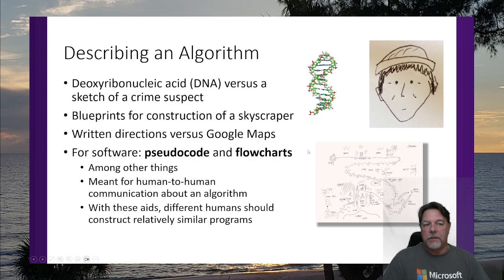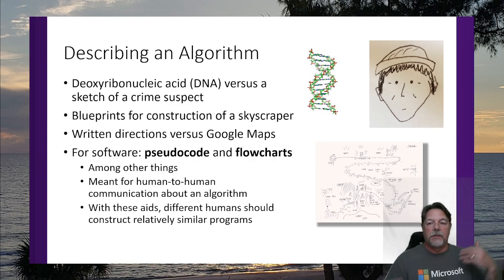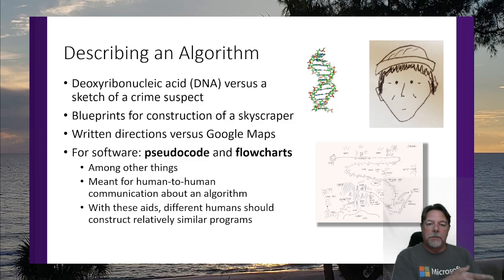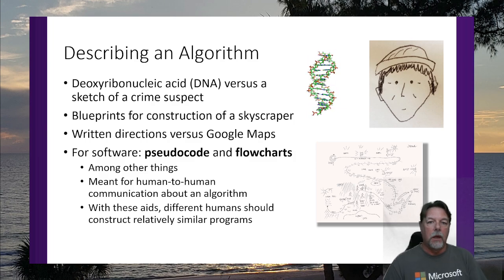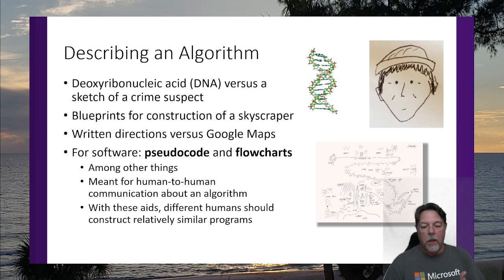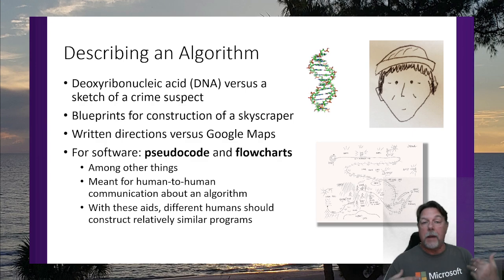The point of this slide is to simply describe the levels of detail from very, very specific to very general and vague in which to convey the design of an algorithm. When you look at the extremes, let's say we're trying to find who committed a crime. Perhaps we've got a napkin that has the DNA of the crime suspect on it.